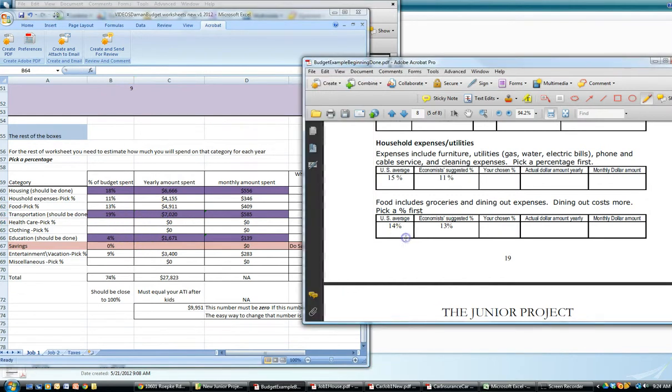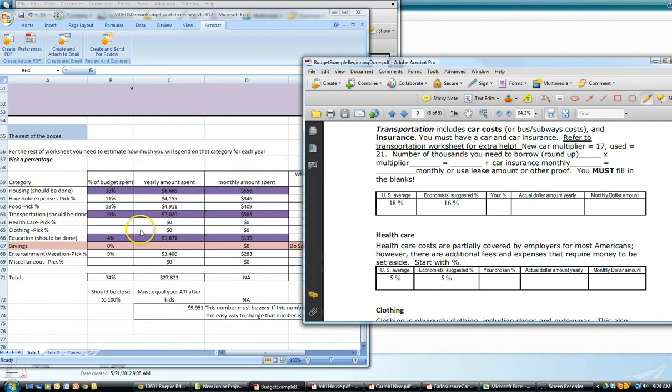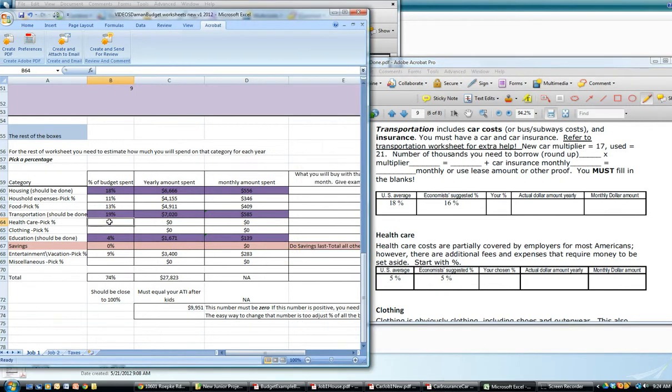And now, okay, so transportation. All right, this reminds me, anything in purple you do not change. Those are based on your actual houses that you have. So please do not change those. And the pink you want to save till last, and I'll explain that. Healthcare, 5%.